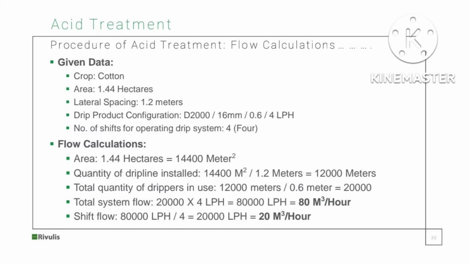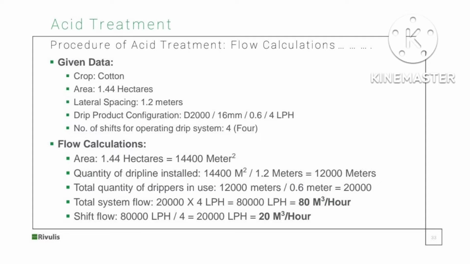Quantity of drip line installed: 14,400 meters square divided by 1.2 meters equals 12,000 meters. Total quantity of drippers in use: 12,000 meters divided by 0.6 meter equals 20,000.